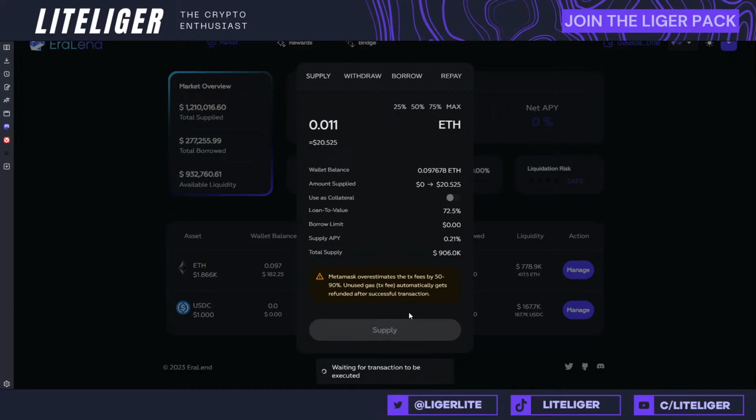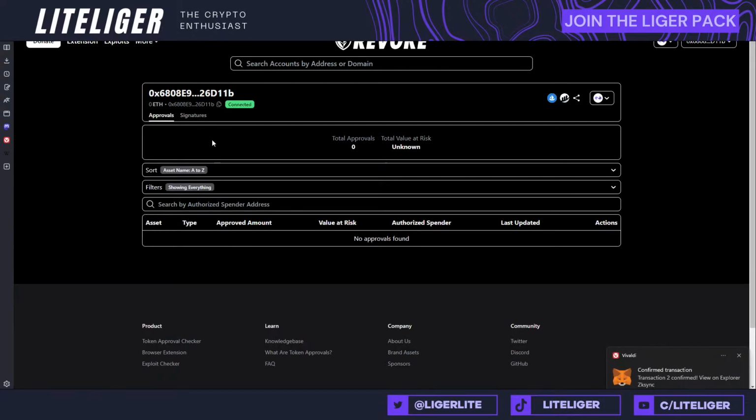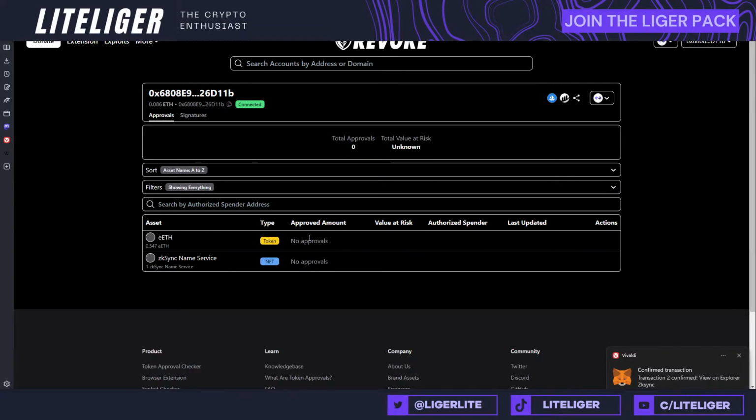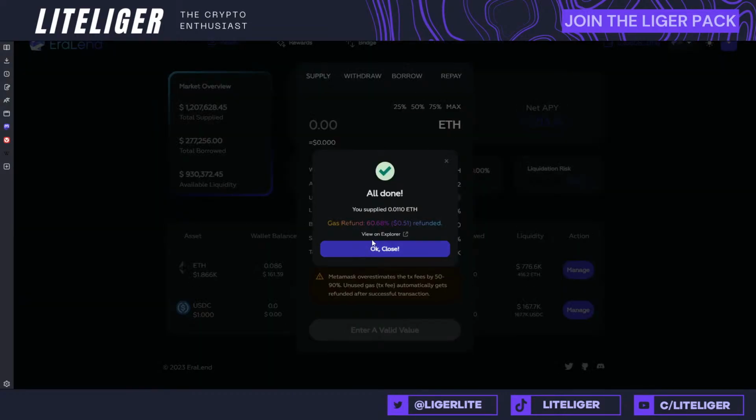If you are going to be providing USDC, you can go into Revoke Cash and take approval away here. Right now we haven't done any approvals here, but if we had done a USDC approval to this platform, I would have basically revoked the rights to that USDC, just to farm another transaction and also avoid a security issue.